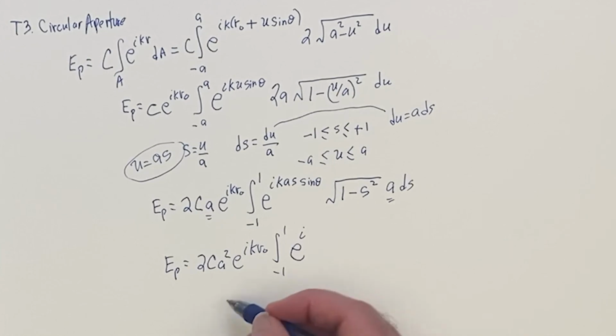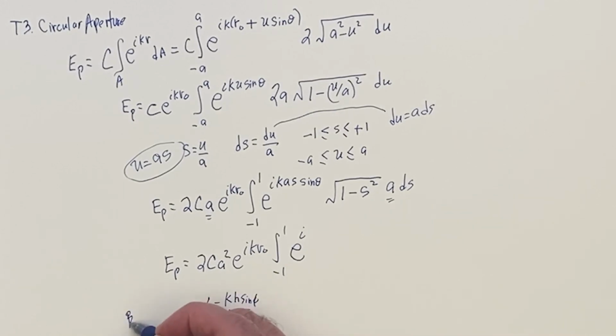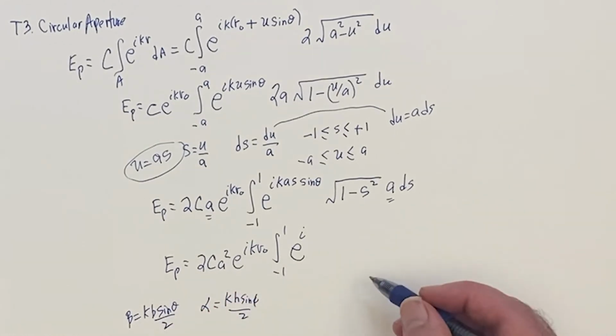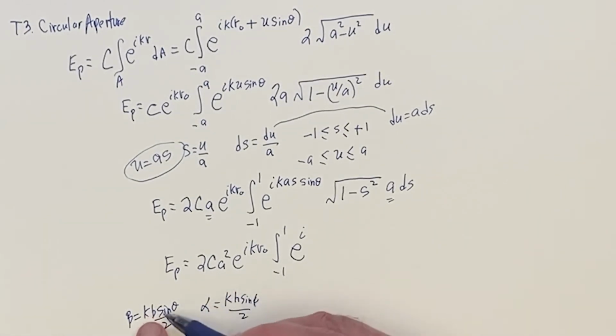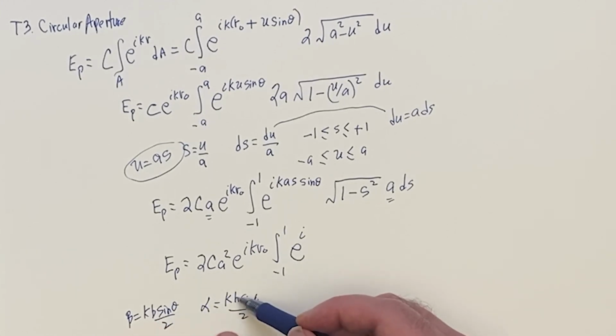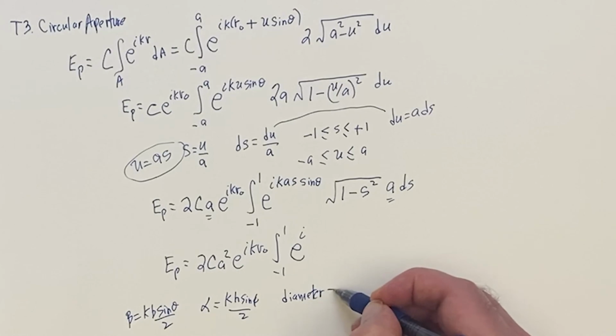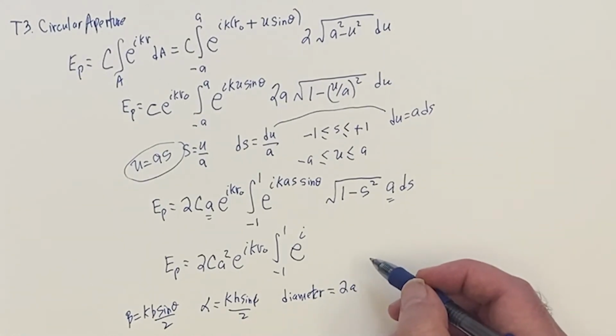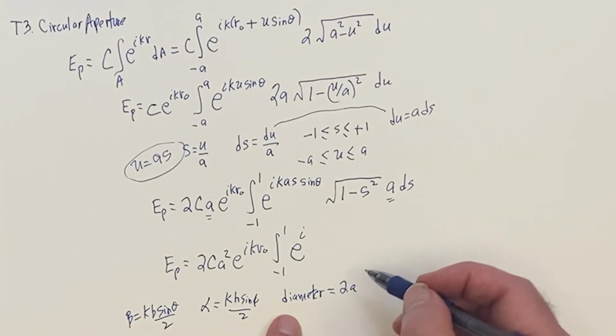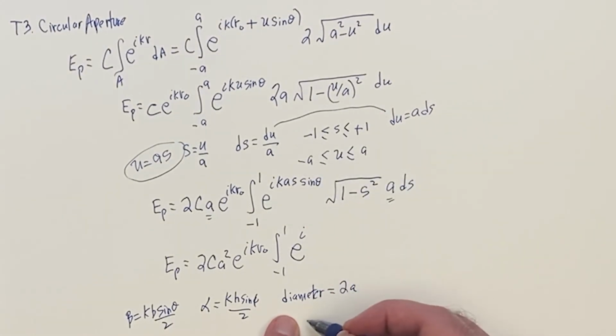Now here's another thing I want to do. You know how we like to do these definitions, where alpha is k h sine of phi over 2, and beta is k b sine of theta over 2. Well, the b is your width, and this is the height, when you had the rectangle. If you want to do the same thing, you should use the diameter. Same idea. So the diameter is 2a. So we'll make a definition, and to pick an angle, since I'm using S, I'll pick sigma as the angle.